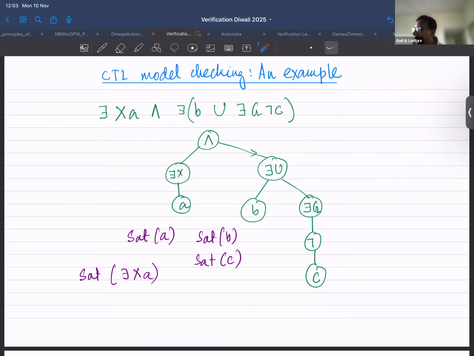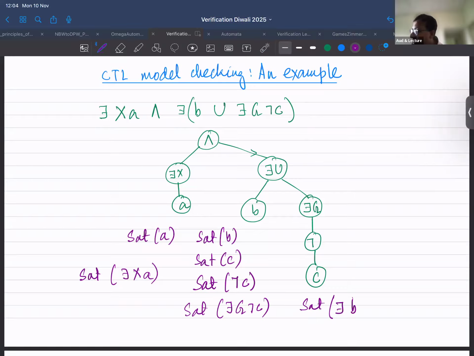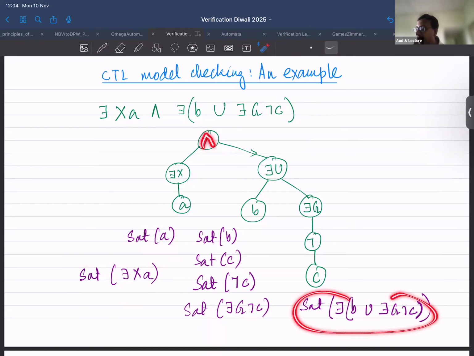Then we can compute sat of negation of C, then sat of exists G negation of C. And then we can compute sat of exists B until exists G negation of C. Once you have this and this, for the conjunction you take the intersection of the two sets and you get the final result. That's how we do CTL model checking.